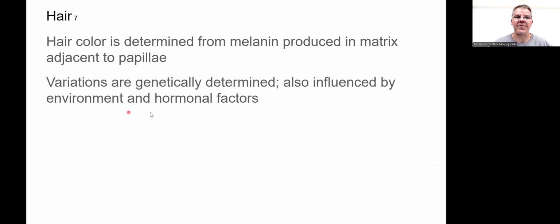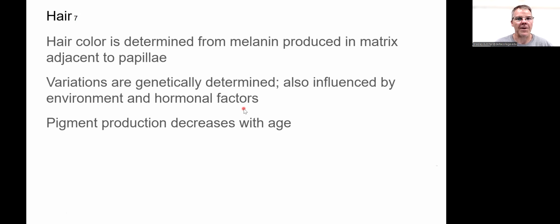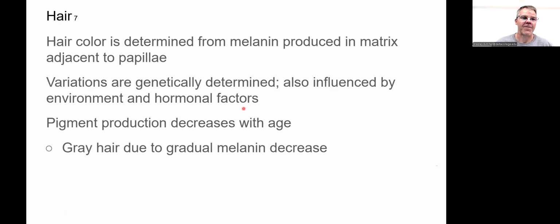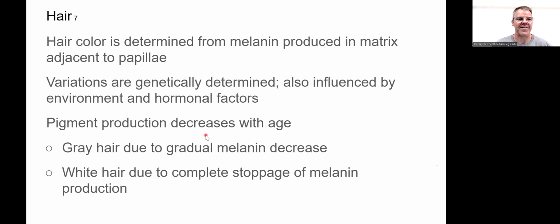They can also be influenced by environment, hormonal factors, things like that. Pigment production tends to decrease with age, leading to gray hairs, a gradual melanin decrease. White hair is due to complete stoppage of melanin production.